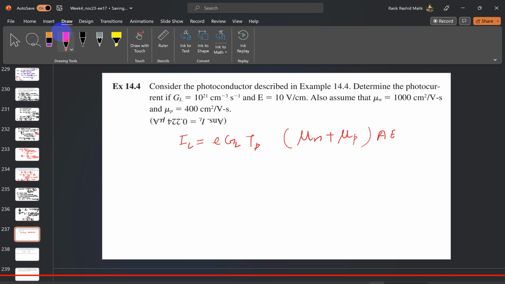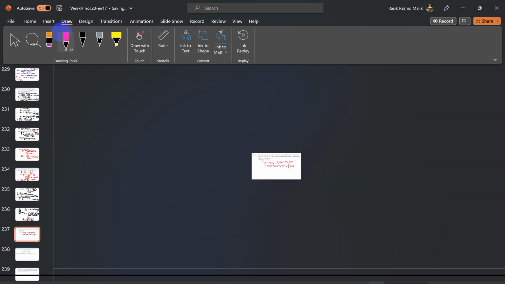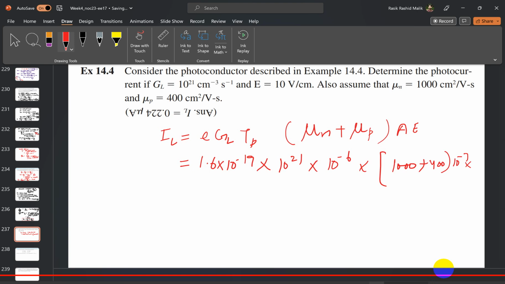So that is simply 1.6 into 10 power minus 19, that is very straightforward here, into 10 to the power 21, into tau p, which is 10 to the power minus 6, as we have already calculated in the previous question, and then we have the mobility values 1000 plus 400, into 10 to the power minus 7, the area, into electric field, which is 10.